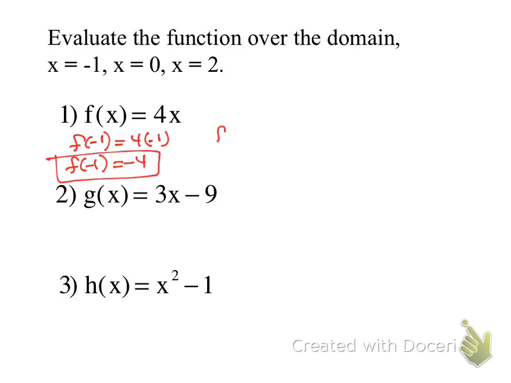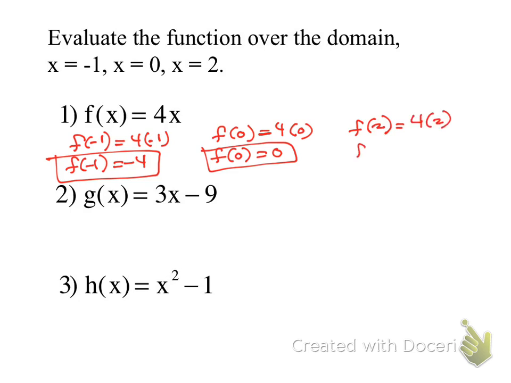And then we've got the f of 0 equals 4 times 0, right? So the f of 0 equals 0. Okay? And then I have the f of 2 equals 4 times 2. So the f of 2, sorry, that's supposed to be a 2, equals 8.